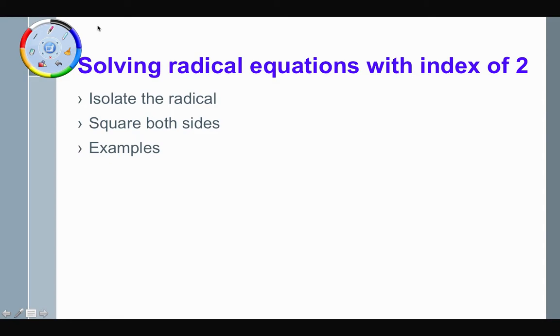Let's try another one. Let's say we have 2 plus the square root of 3x minus 2 is equal to 6. All right, so the radical is not isolated yet. It has something on the outside, and that is a plus 2. So we need to subtract 2 from both sides.